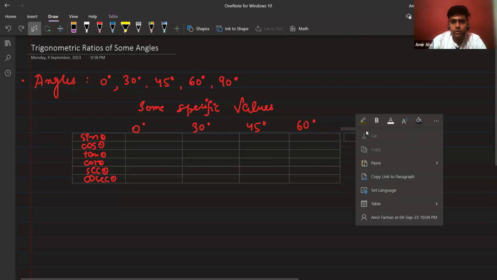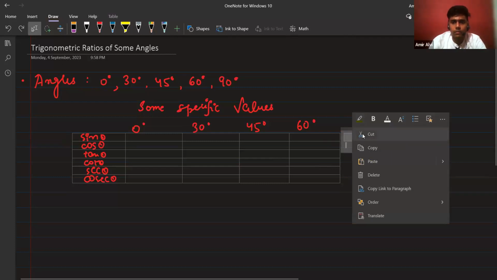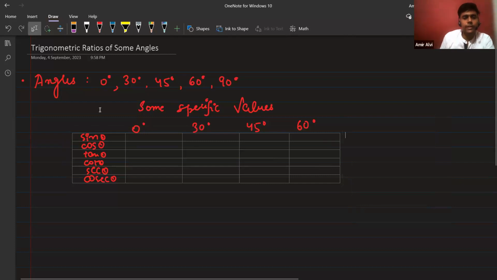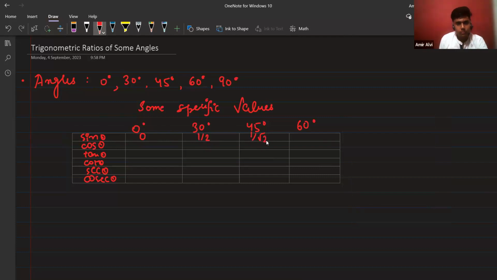Just a second. Let me cut it down. First, take the values of this. So sin 0 would be 0. Value of sin 30 is 1 by 2. Value of sin 45 is 1 by root 2. Faiz, are you able to listen to me?